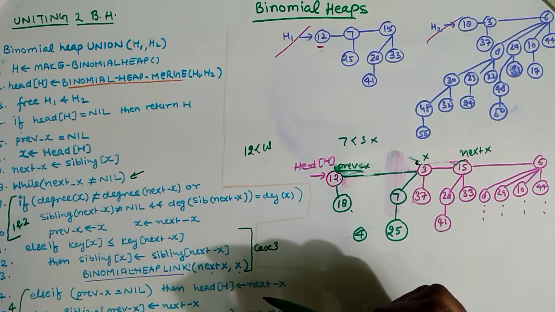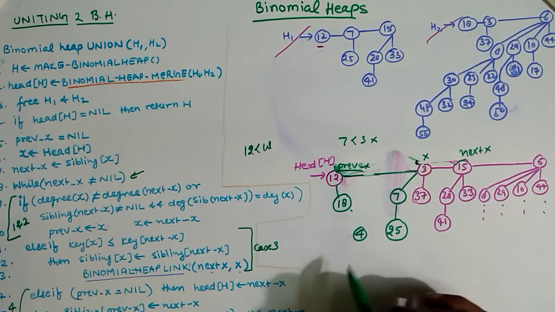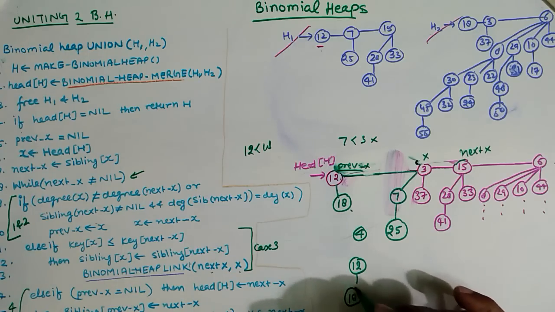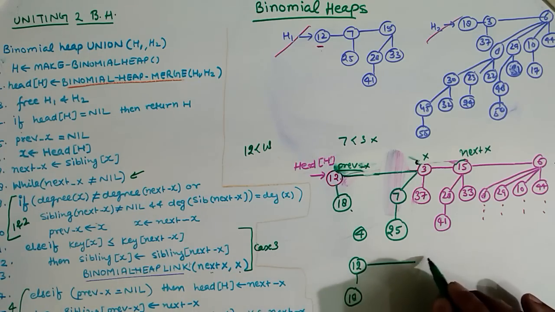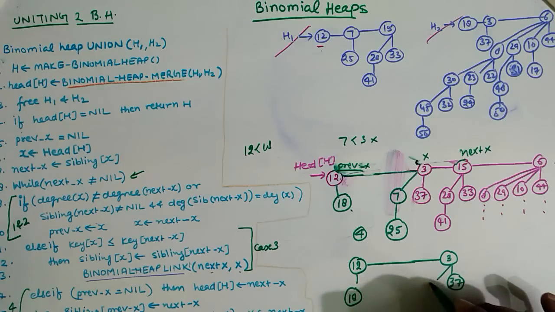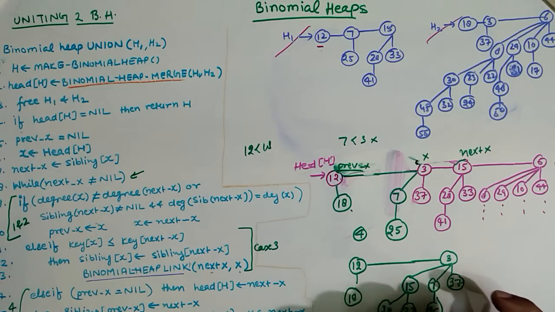The final tree constructed after binomial heap link would be this: 12 and 18, and we directly link it with 3, because 3 is the minimum element, with 37 and 7, 25, and this 15 is also added here because it has a similar degree, 33, then we have 28 and 41.